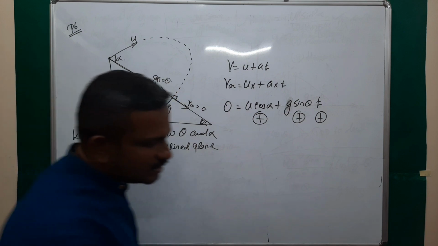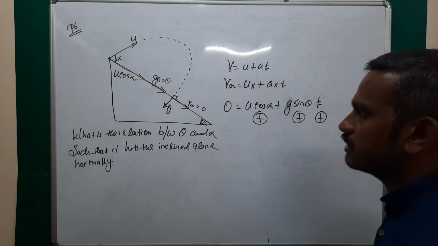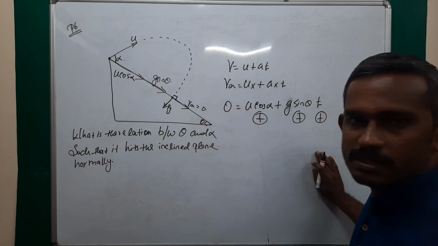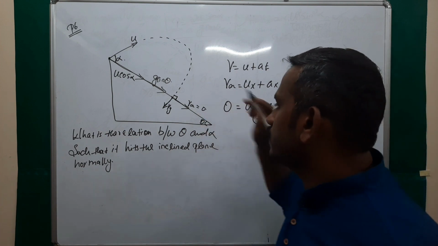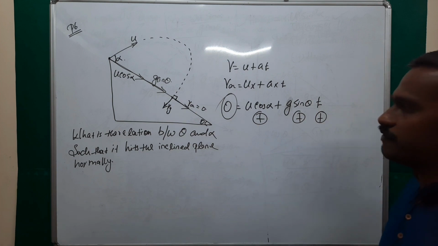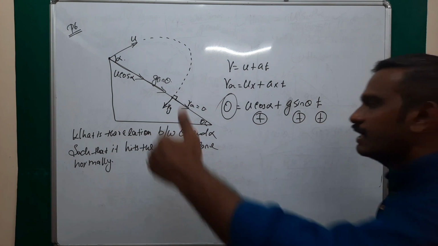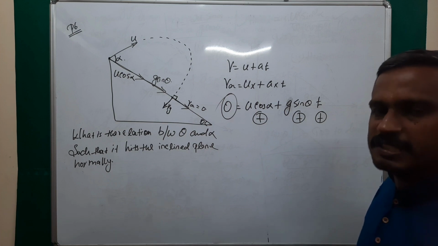The acceleration is in the direction of velocity, so it is an accelerated motion. Accelerated motion means the final velocity cannot be 0. So it is impossible that the velocity in the horizontal direction becomes 0.